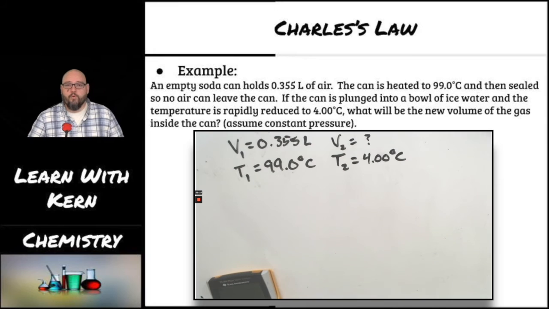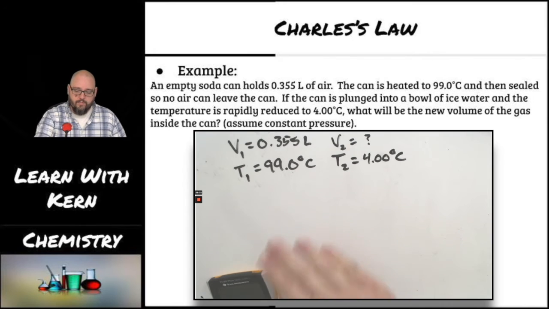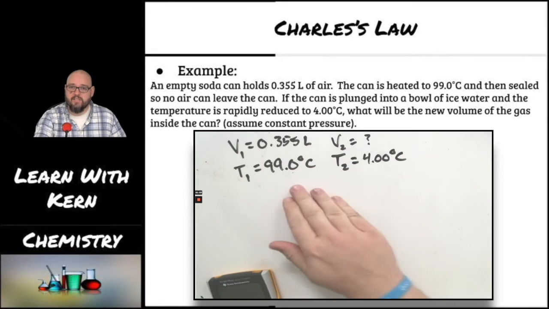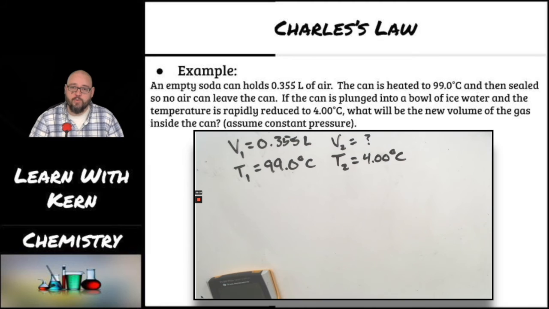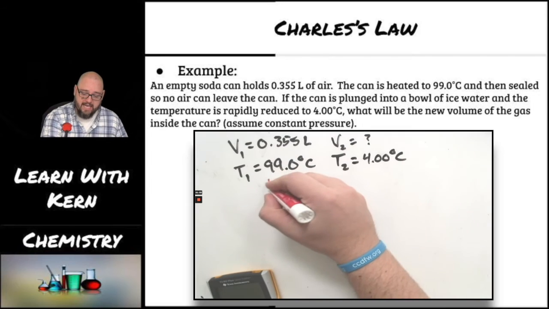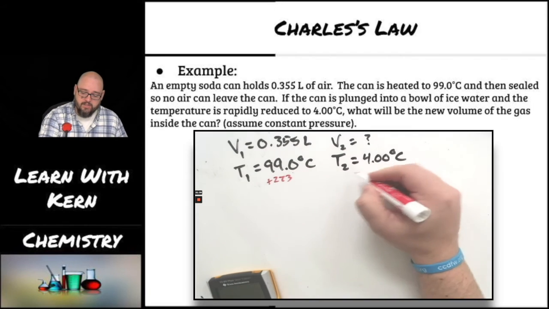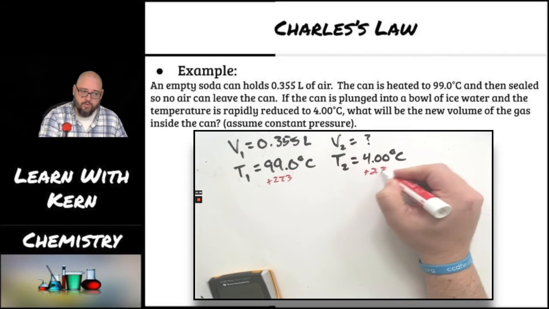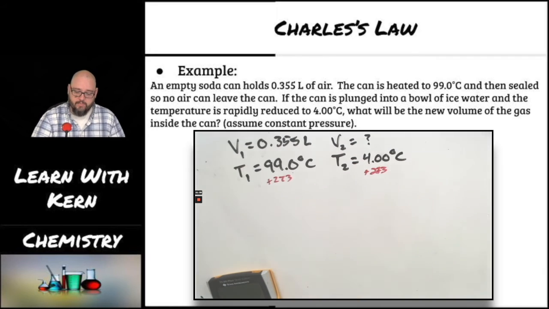Okay. Before we do anything else, we need to realize that our temperatures are in Celsius. And when we are doing gas laws, your temperature has to always be in Kelvin. So I have to add 273 to both of these in order to make them kelvins.